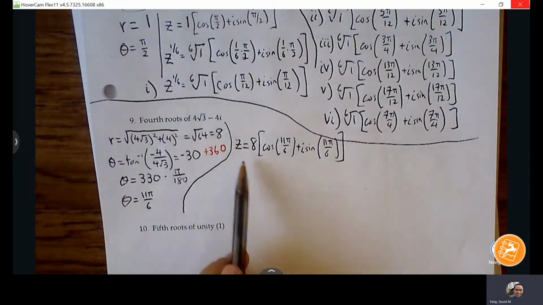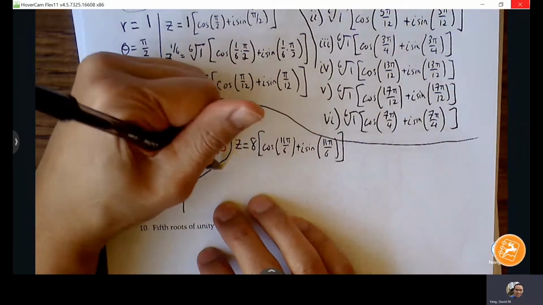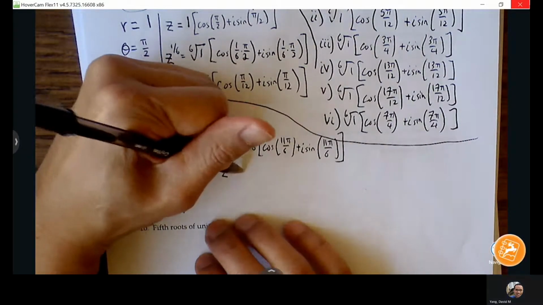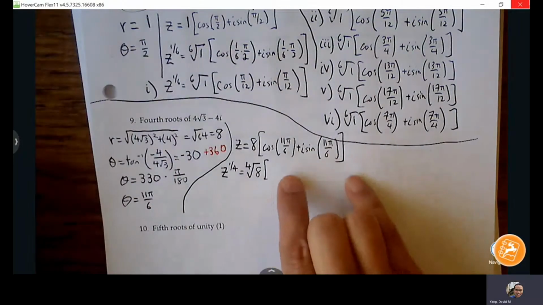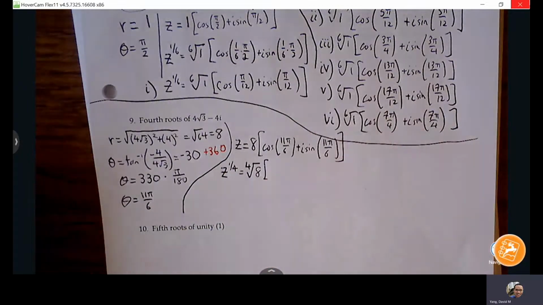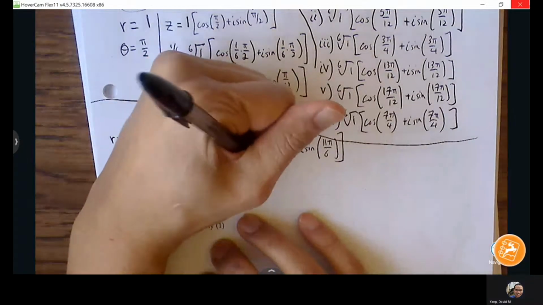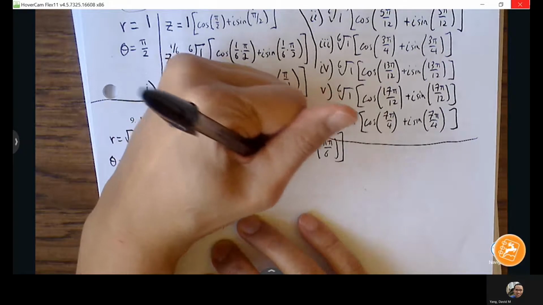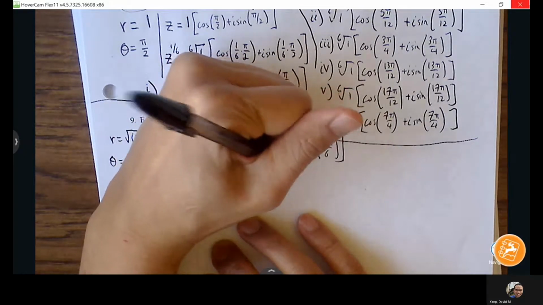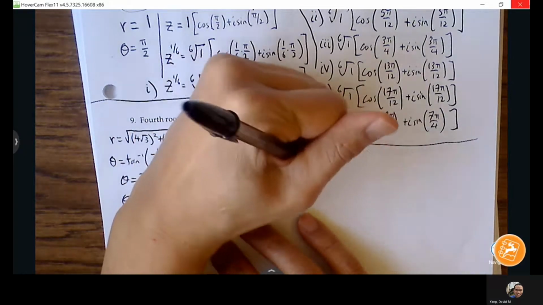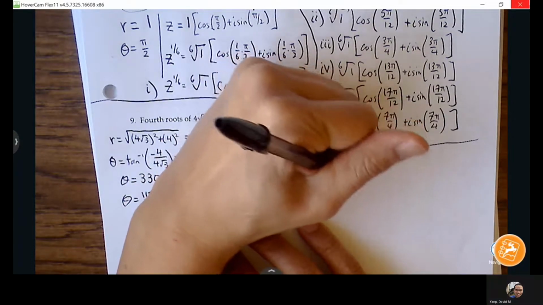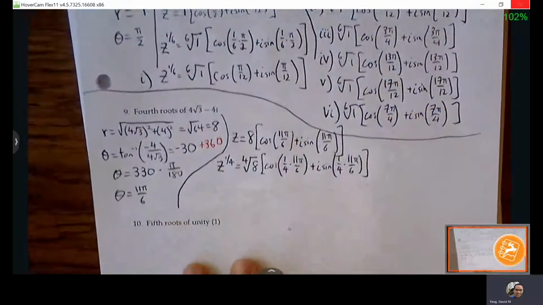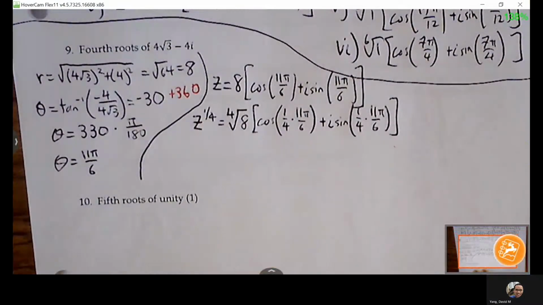Fourth root, so we've got to raise it to the fourth, or the 1/4, right? z to the 1/4 is the fourth root of 8. And I need to multiply each of my measures by 1/4. 11 pi over 24.